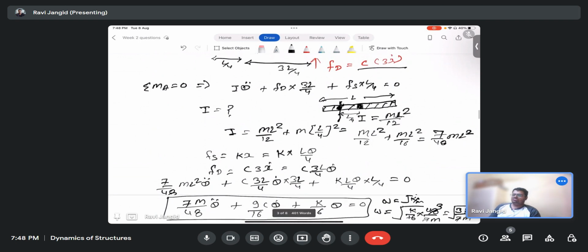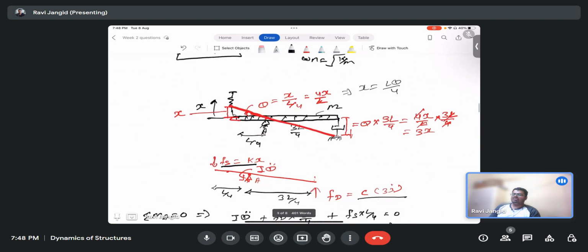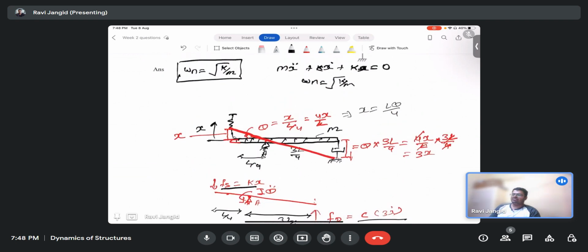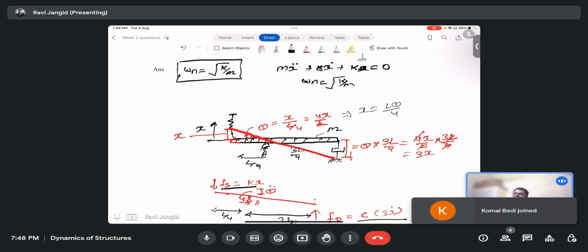In this we discussed one question for finding the natural frequency. Similarly, last week we discussed 2 problems where we developed the equation of motion. From those you can also find the natural frequency, omega n equals root k by m.